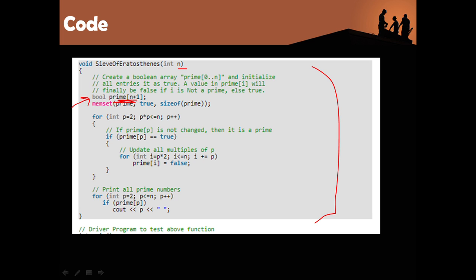Thus we have taken an array of size n plus 1, and it is of type bool. That is, it will contain either 0 or 1. Initially we set all the numbers as prime. Okay, so this is similar to our unmarking scenario. Currently we have unmarked all of them.